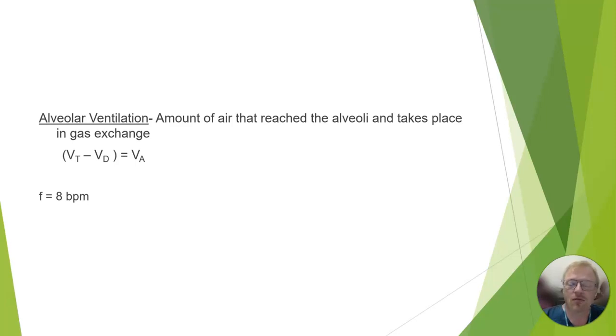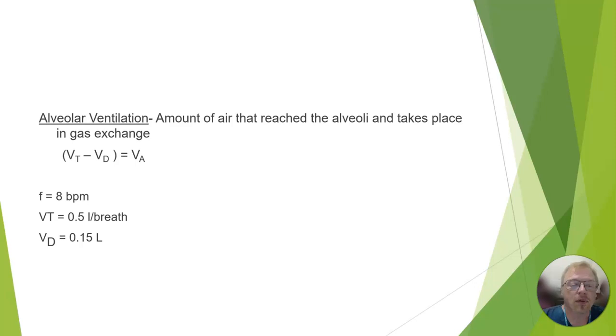Again, our patient has a respiratory rate of 8, a tidal volume of 0.5 liters per breath, and we calculated the dead space in the last equation. So his dead space is 0.15 liters.